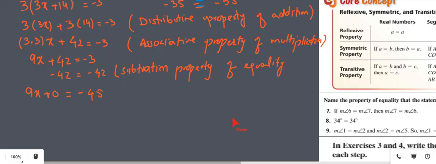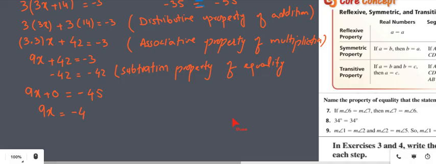Whenever you add 0 to any real number, the answer is the same real number. So 9x plus 0 gives us 9x, that is equal to negative 45.